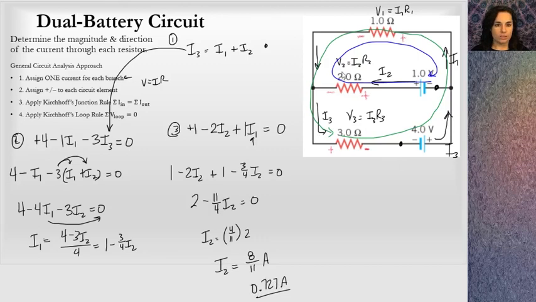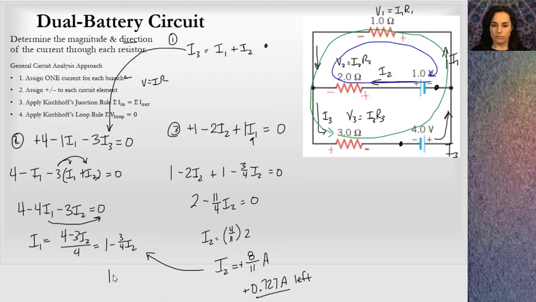And when I look at I2, let's assign a direction. It wants the magnitude and direction of each current. When I do this, I see that I assigned the current to the left, and I got a positive value here. Notice I got a positive value here, positive. So that means I2 is to the left in that branch. Now that I know I2, I can plug it into this equation and solve for I1.